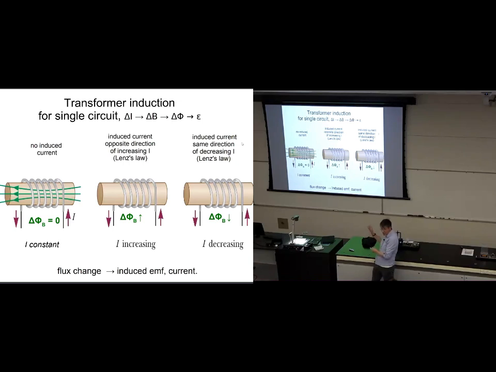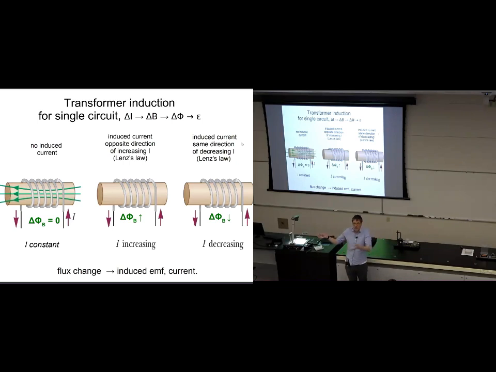And then finally on the right-hand side, the same solenoid with a current in it, but now that current is decreasing. So as you walk from the left to the right of this figure, on the left you've got a constant current, in the center a growing current, and on the right a falling current.